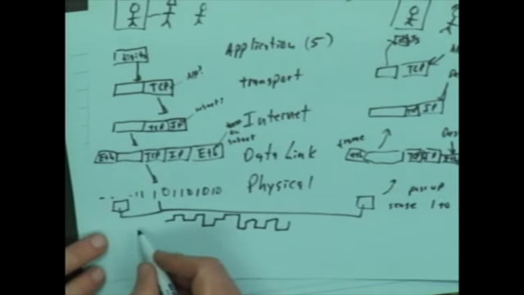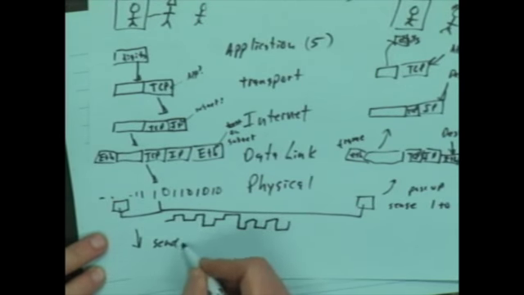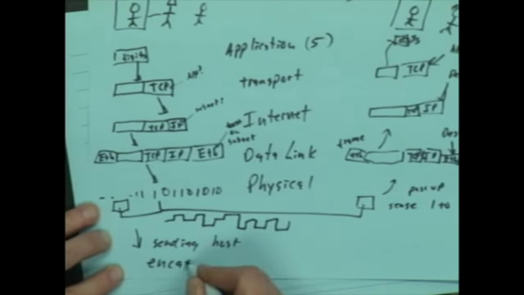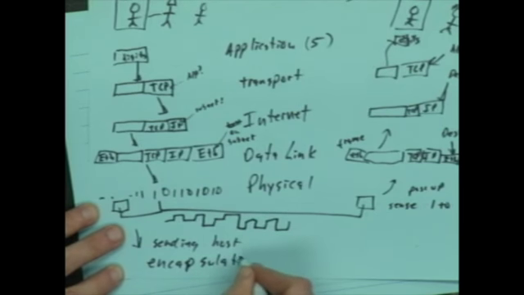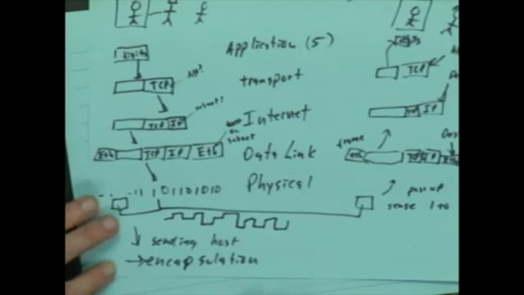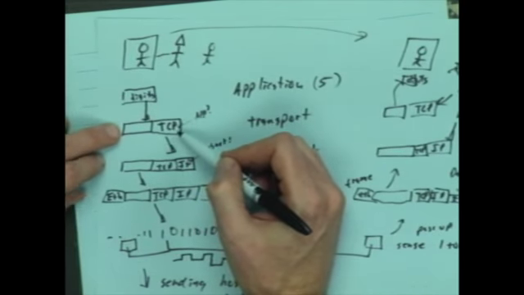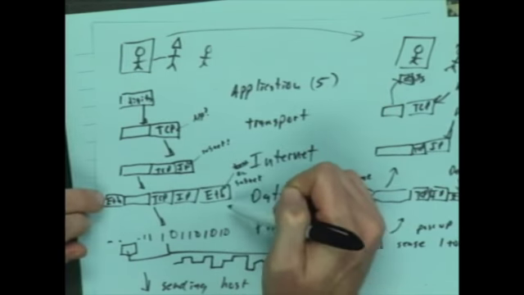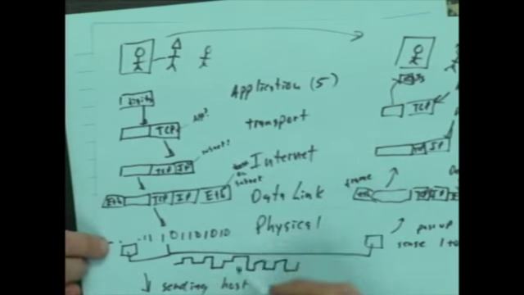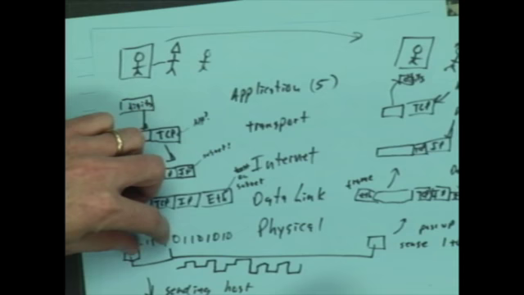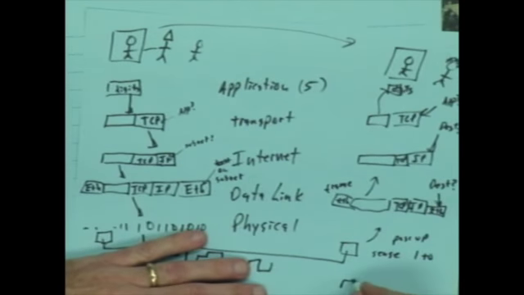The sending host does what's called encapsulation. This process of putting an application layer message inside a TCP segment, inside an IP packet, inside an Ethernet frame, then transmitting it, we call encapsulation, because it's kind of putting stuff inside. Follow that? When we come back up, the receiver does what we call de-encapsulation.